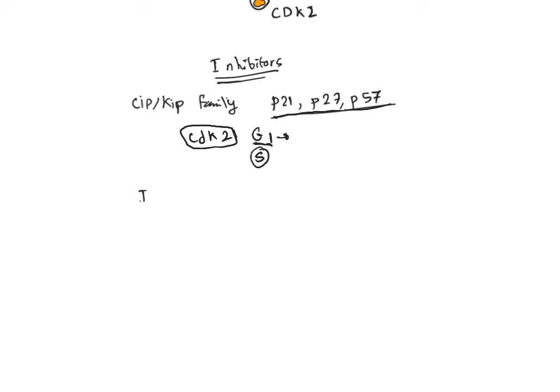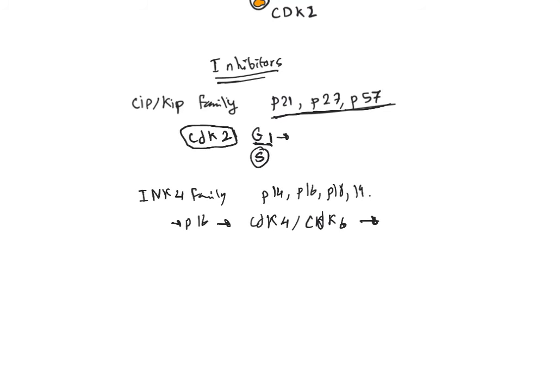Also, we have the INK4 family. This family is P14, P16, P18, and P19. Specifically, P16 inhibits CDK4 and CDK6. CDK4 and CDK6 are essential for G1.